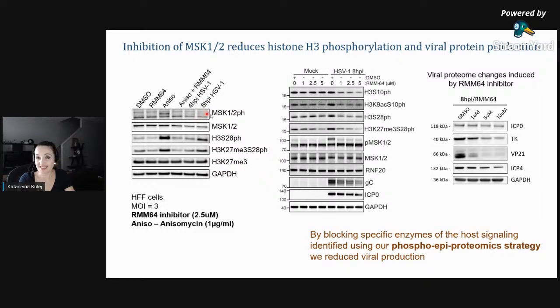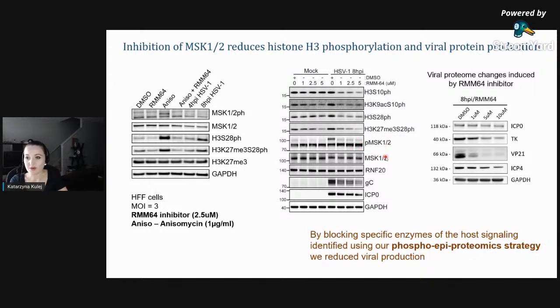And to prove that MSK is indeed activated, I will drive you through another Western blot where we used different concentrations of RMM64 to check whether our phosphorylations would be decreased in infection. And indeed, you can see that in each case, when we block MSK kinase, our phosphorylations were down, including, of course, the phosphorylation of MSK as a control.